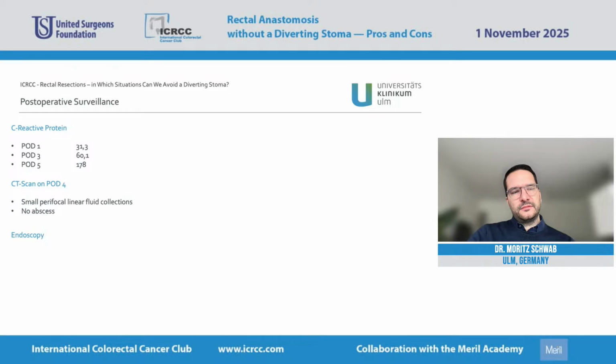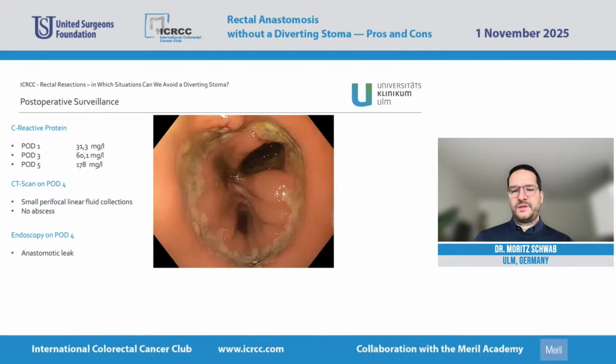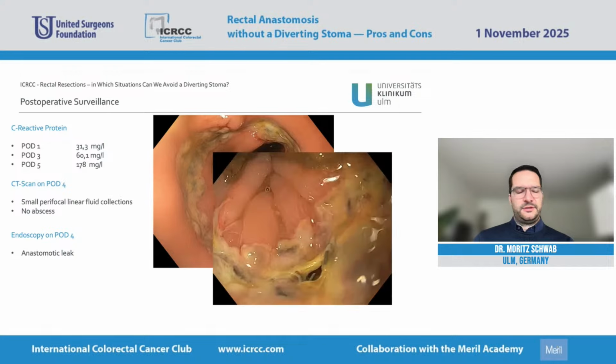The infection parameters started to rise, so we did a CT scan, but there were no air bubbles around and no abscess. On the same day, we did an endoscopy and we saw an anastomosis leak right here.